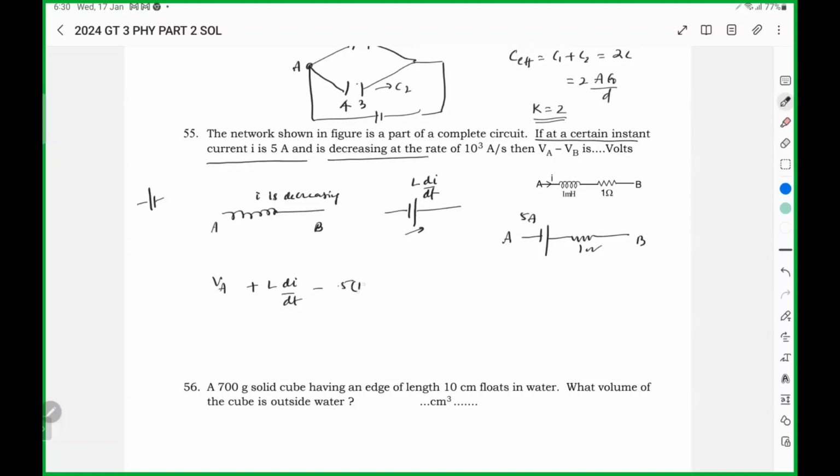IR is 5 into 1. So here the inductor is 1 millihenry, and the di by dt is 10 cube amperes per second. VA plus 1, so VA minus VB is 4 volts.